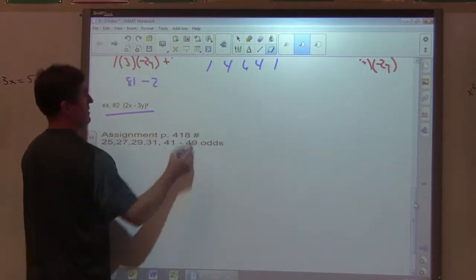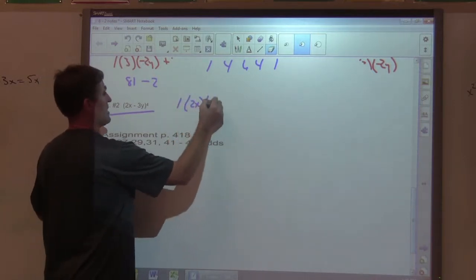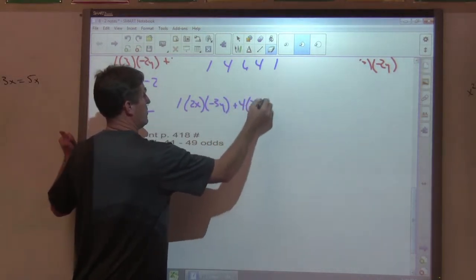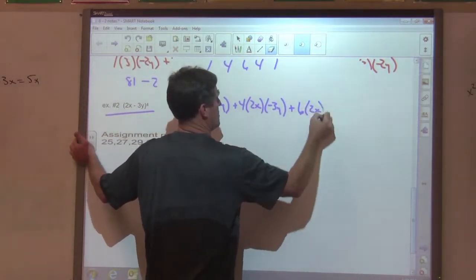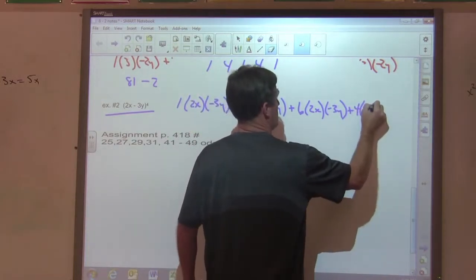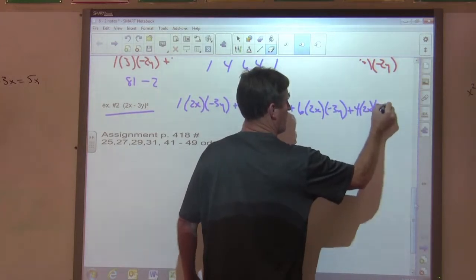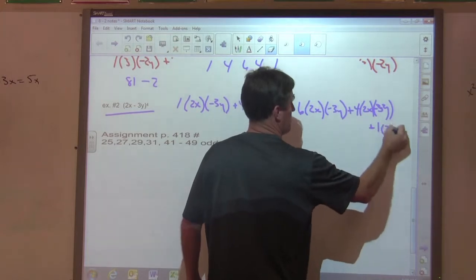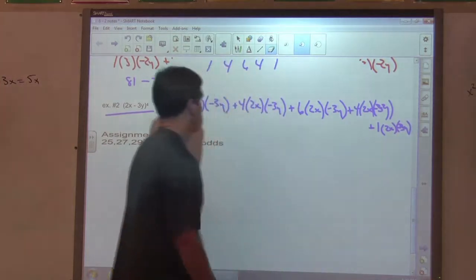So this would be 1 times 2x minus 3y, plus 4 times 2x minus 3y, plus 6 times 2x minus 3y, plus 4 times 2x minus 3y, and then plus 1 times 2x minus 3y.